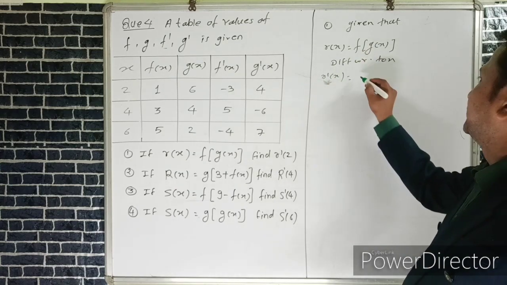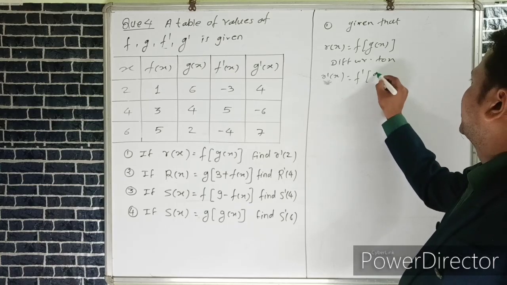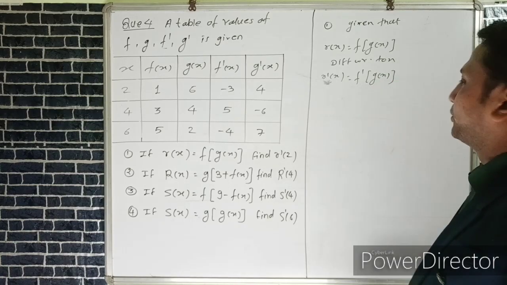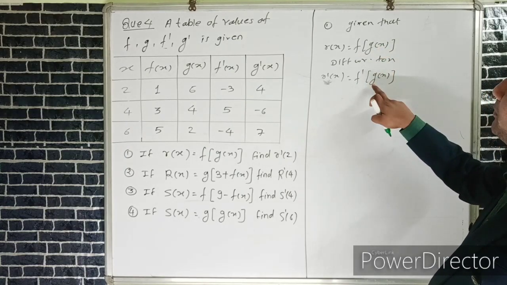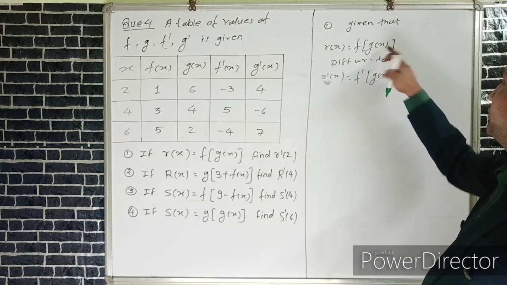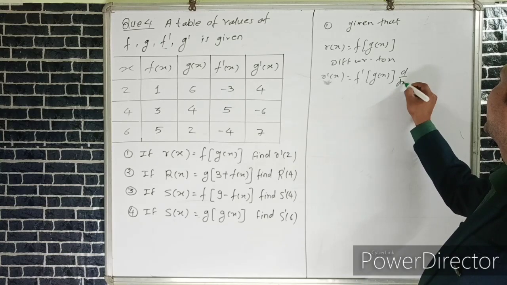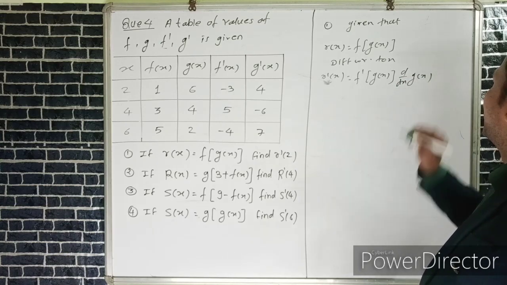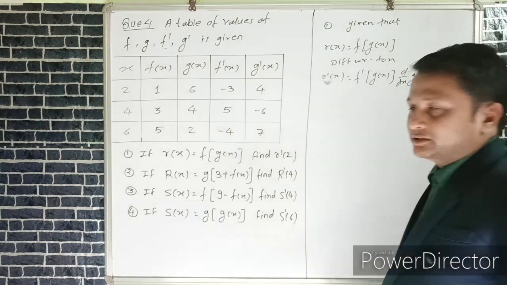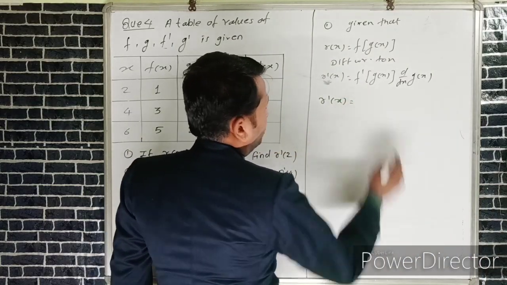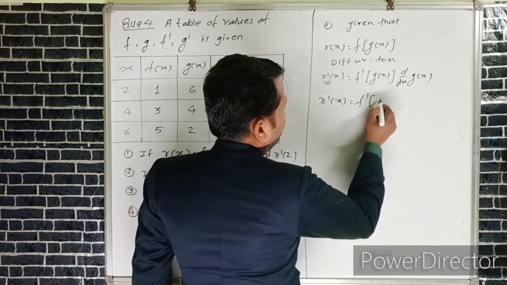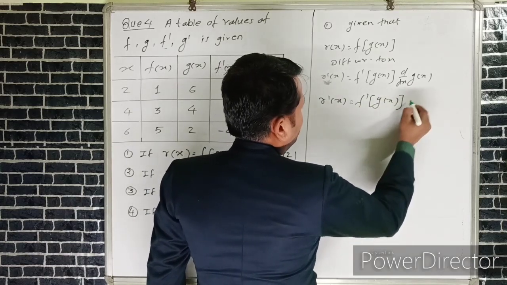The derivative of f is f dash of g of x. It is a composite function. We consider g of x, then we take the derivative of f, and hence we take again the derivative of g of x. We know that the derivative of g of x is g dash of x.